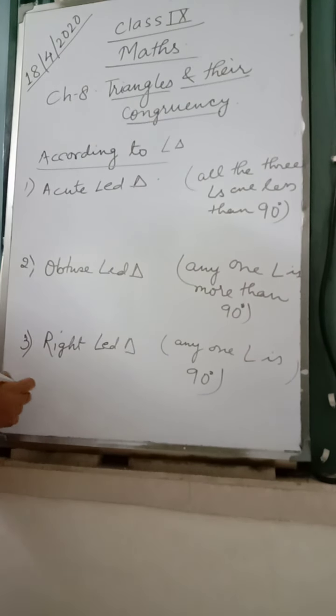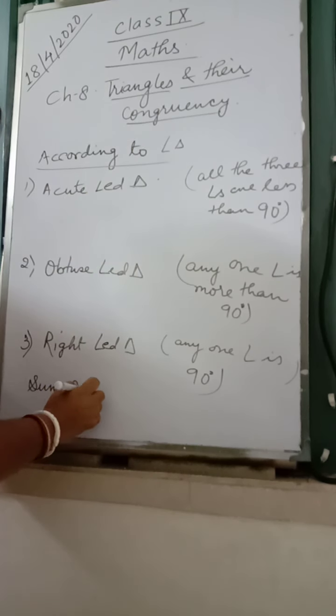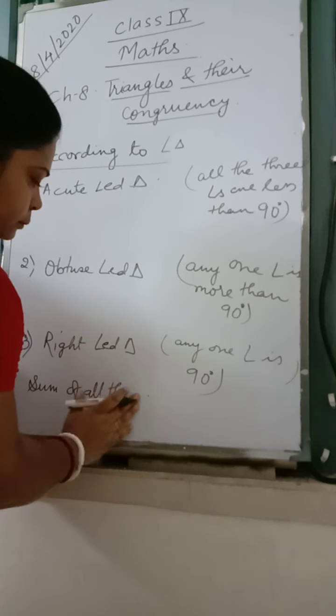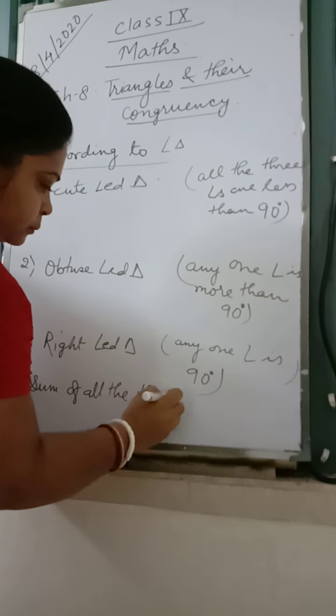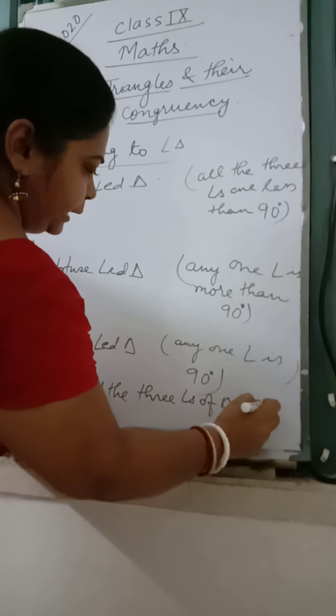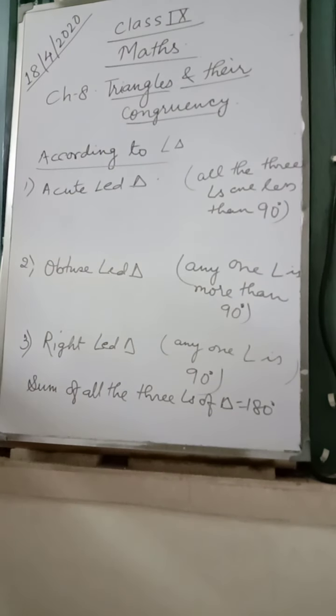Because the sum of all the 3 angles of any type of triangle is 180 degree, it never exceeds 180, never decreases below 180.